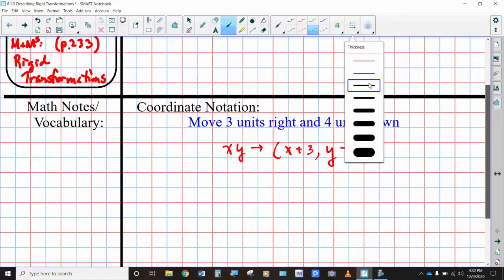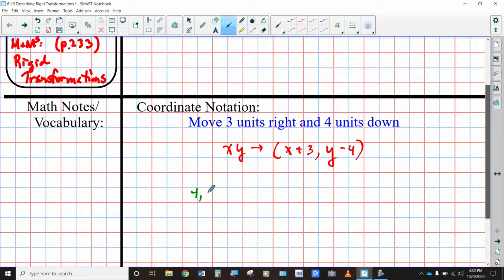Okay, so how are we going to be using it in this particular lesson? Well, let's say that you've got a point, and that point is, say, 4, 6. It could be one of the vertices of a triangle, a rectangle, a trapezoid, anything, at 4, 6.